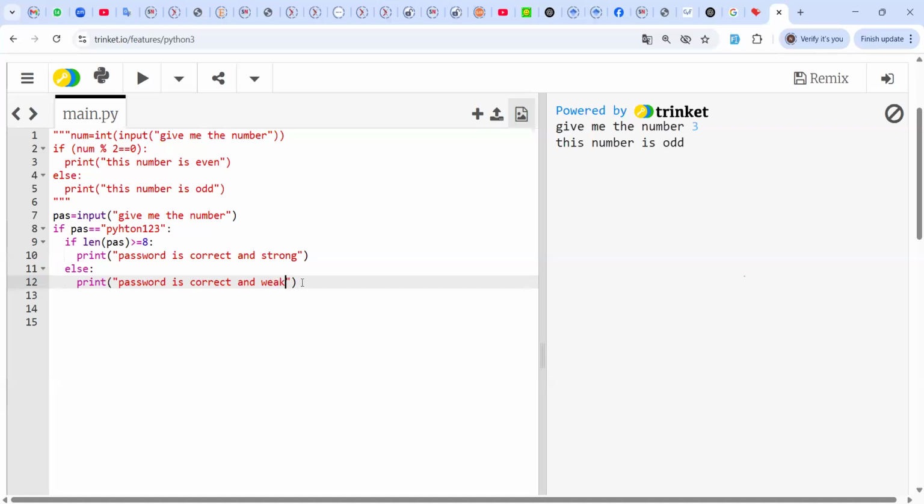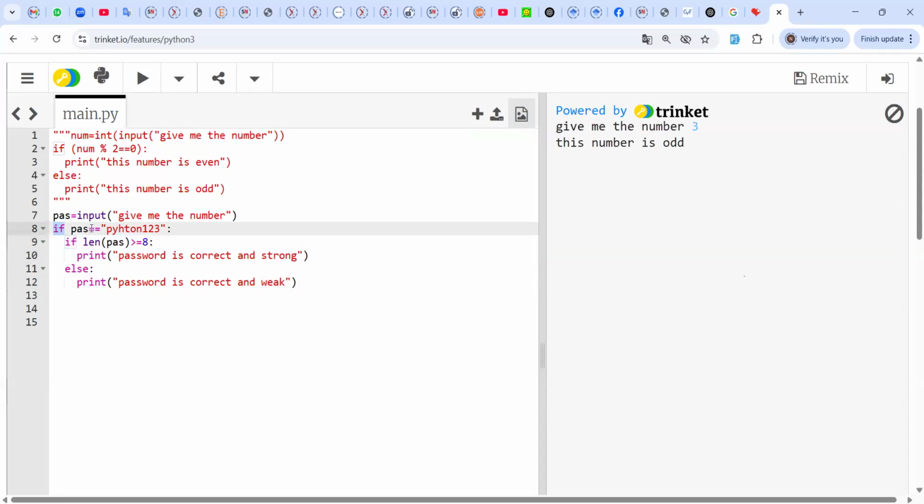Okay, guys. So if the length is greater or equal to 8, that means it is correct and strong. But if it is less than 8, that means it is weak.